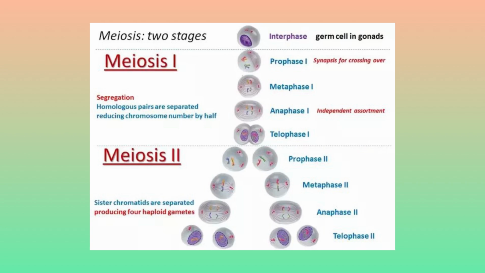Meiosis occurs majorly in two stages, meiosis 1 and meiosis 2. Meiosis 1 is also called reductional or heterotypic division. It has four substages: prophase 1, metaphase 1, anaphase 1 and telophase 1.